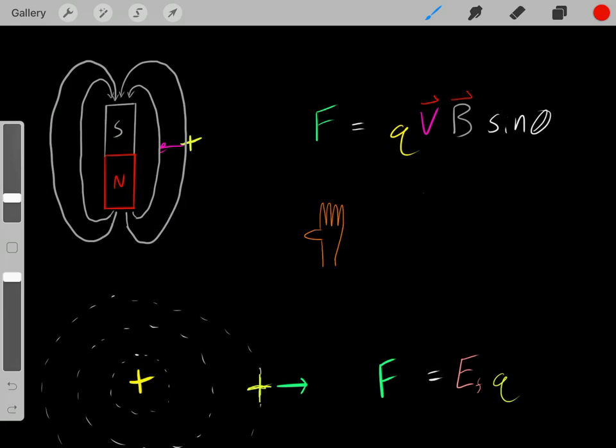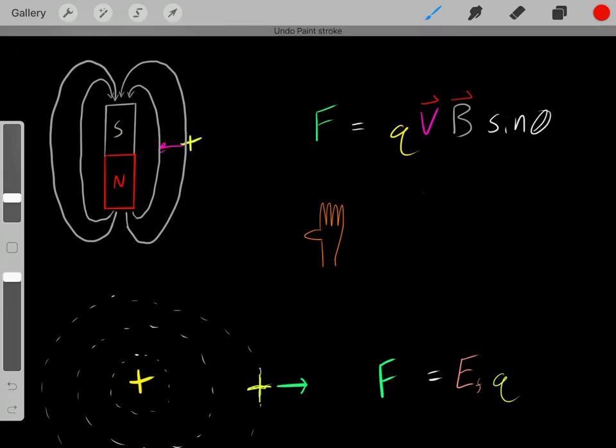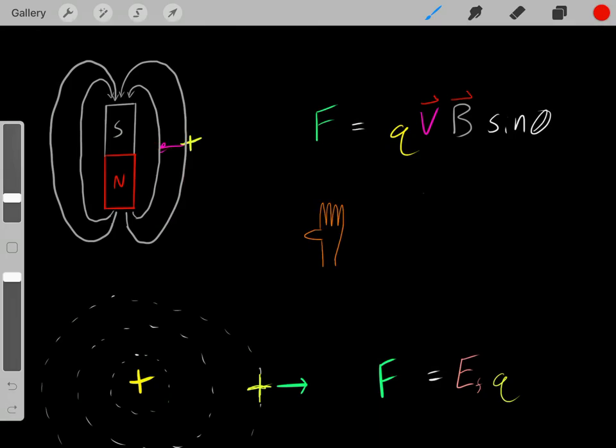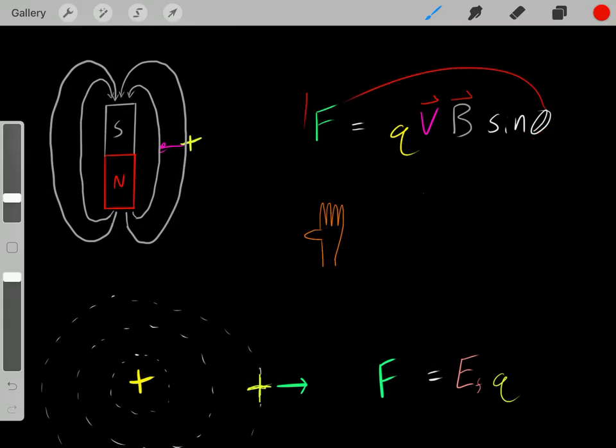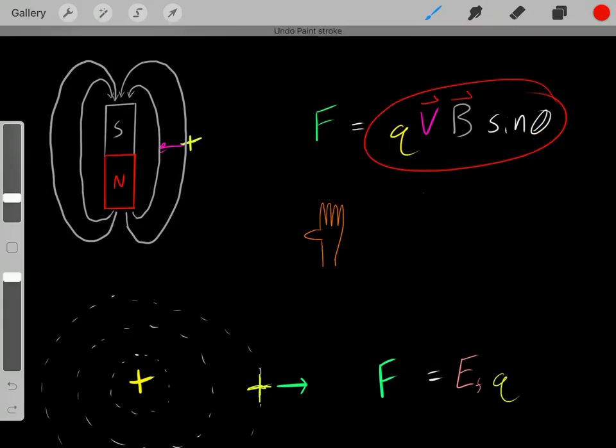So we have a velocity vector and a magnetic field vector. What you do is take the smallest angle between that velocity vector and that magnetic field vector, plug in that angle, and take the sine, and that will give you the magnitude of the force. So this is the real equation.